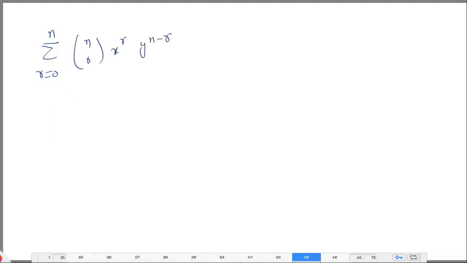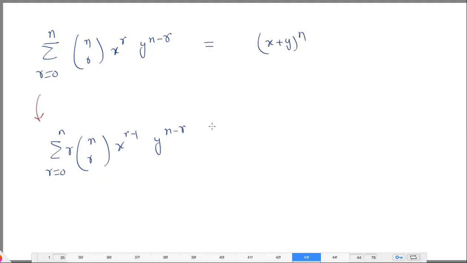What you will be getting if you differentiate with respect to x? Right? This is what you will be getting. I mean, this is equal to (x plus y) power n, that we already know. So you will be getting n into (x plus y) power n minus 1, right?